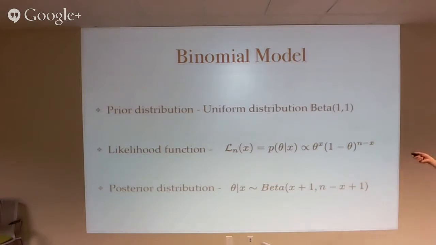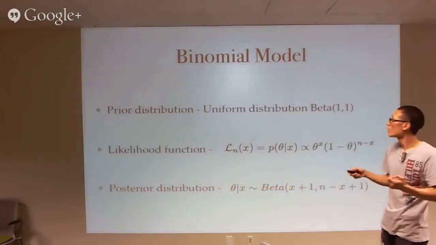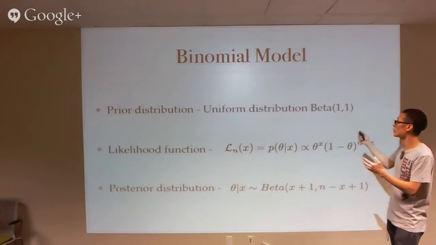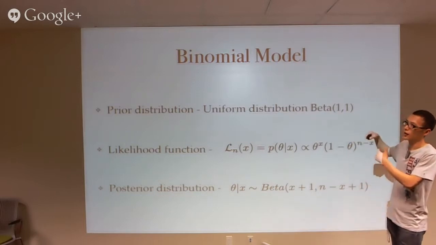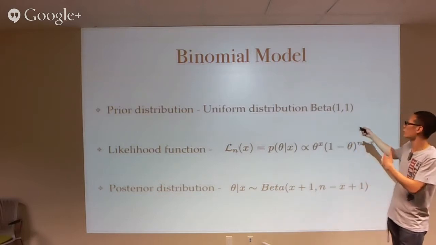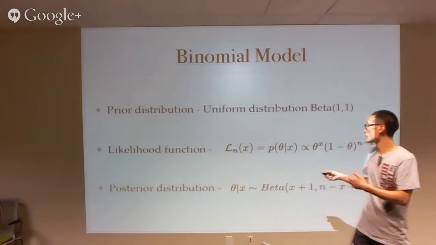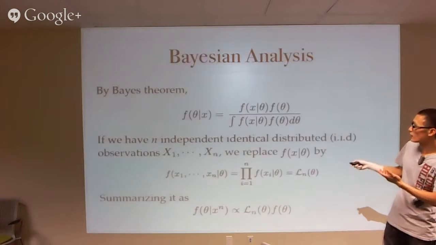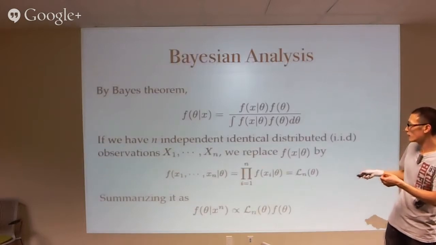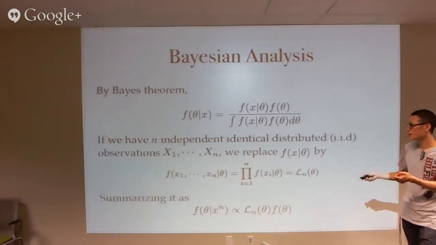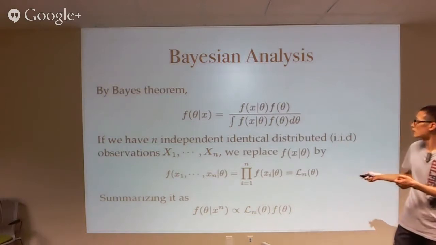This is a specific example where the prior distribution is a beta distribution. A uniform distribution is a particular beta distribution, with A equal to 1 and B equal to 1. And for the likelihood function, we use the previous formula: we find the multiplication of all the f(xi given theta).